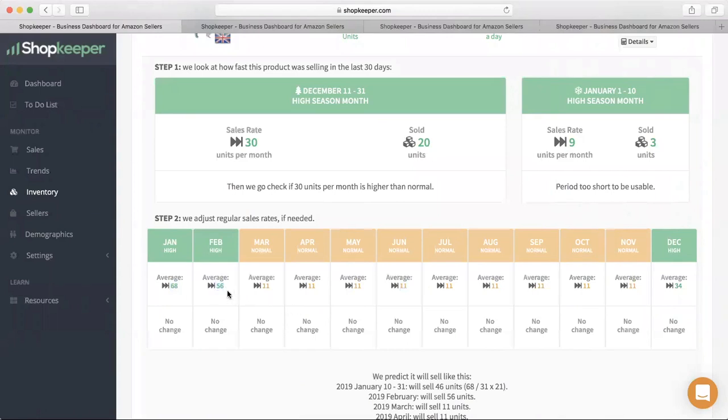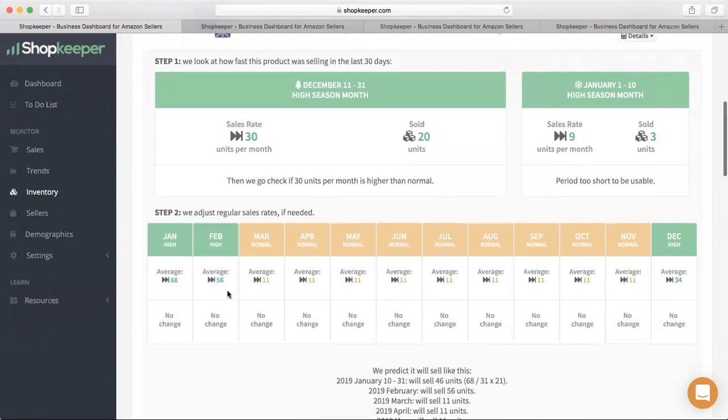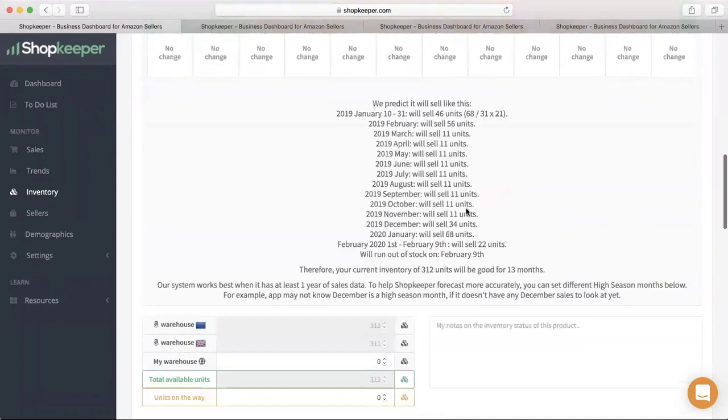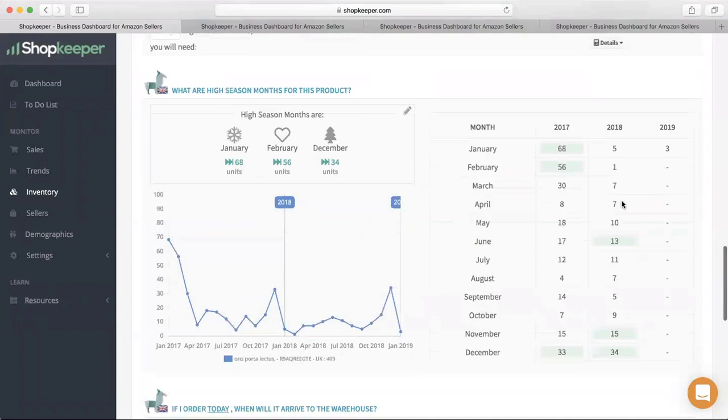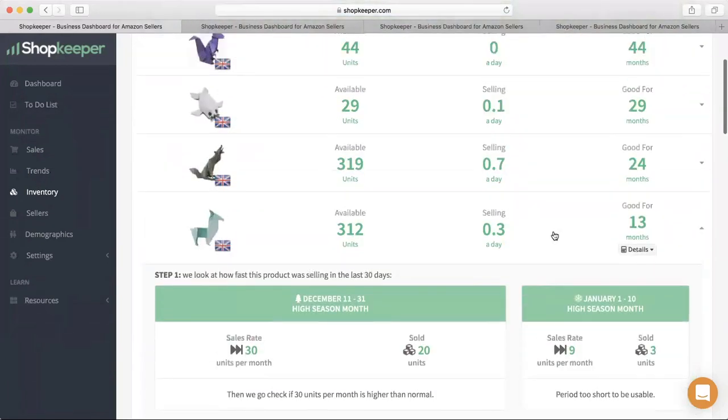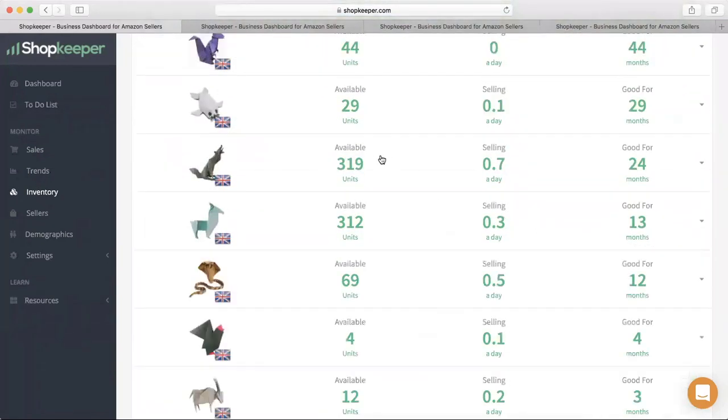So it does in fact take into account high season months for your product and tries to estimate properly for each individual month how many units will be sold. And you can yourself look at your data for the previous couple of years and just judge quickly whether the estimate is correct. So that's how you can decide if you really want to pull the items. And in this case, I would definitely recommend pulling at least 200 units of each of these 2 items out of the inventory.